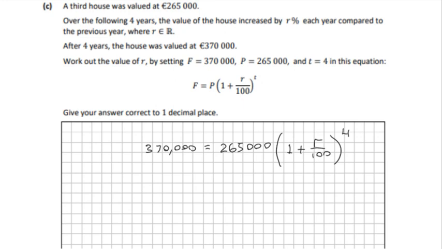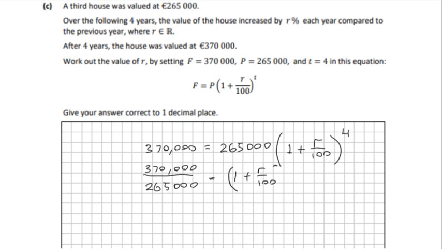So we need to manipulate the equation as follows. Divide across by 265,000. Now the left-hand side will be a fraction, and on the right-hand side we'll have 1 plus r over 100, all to the power of 4.